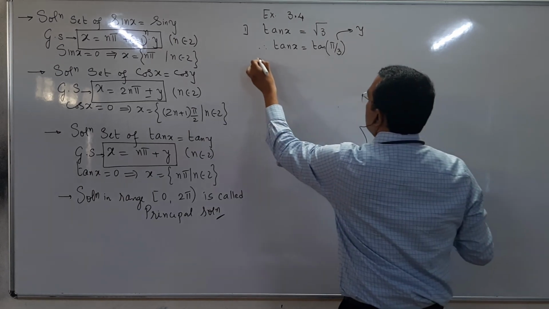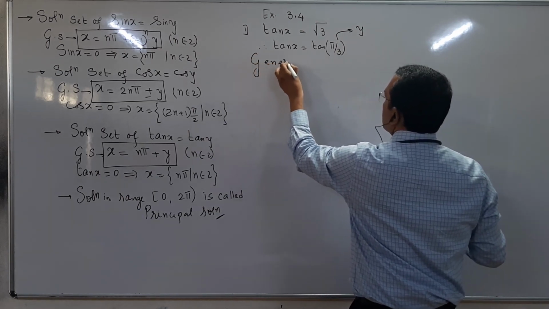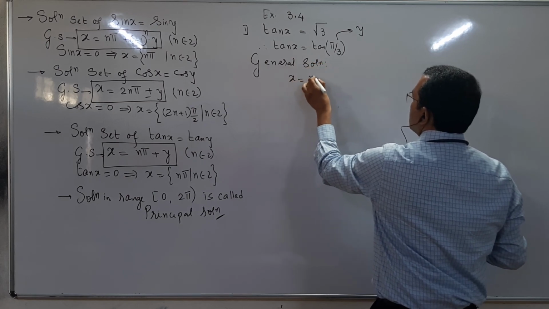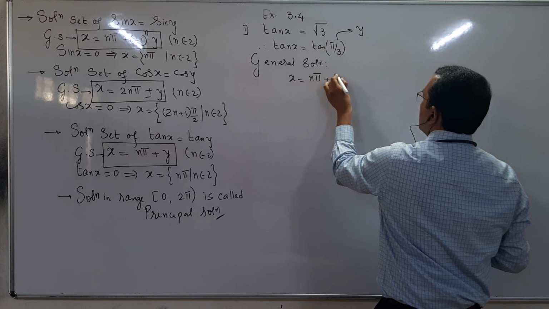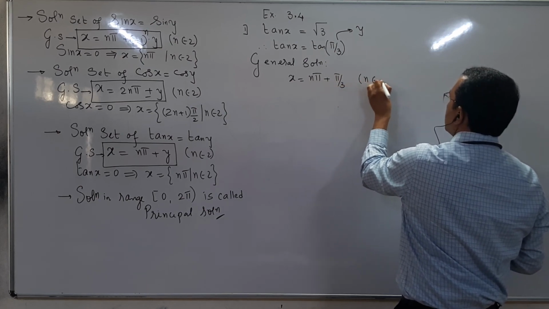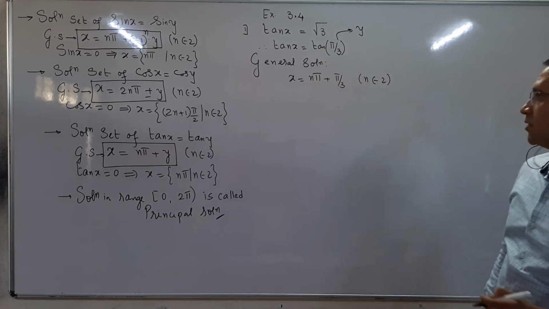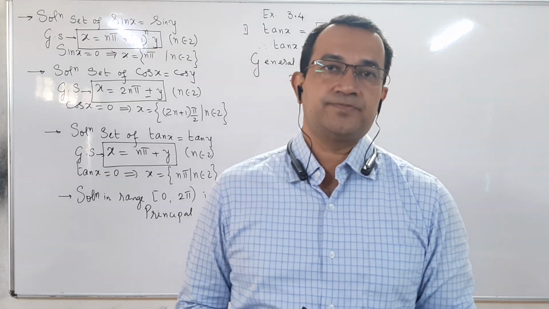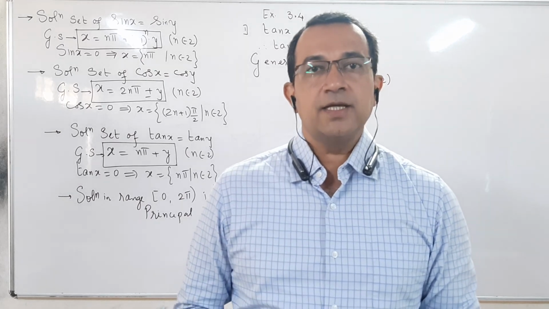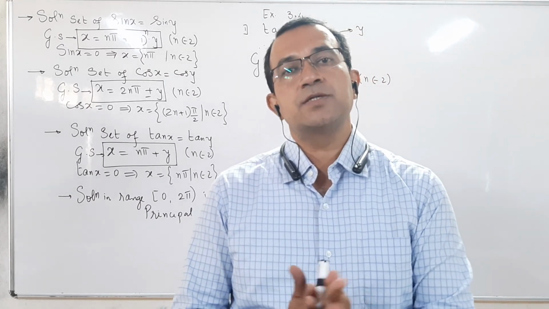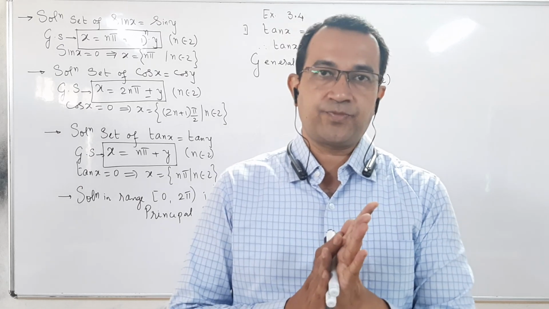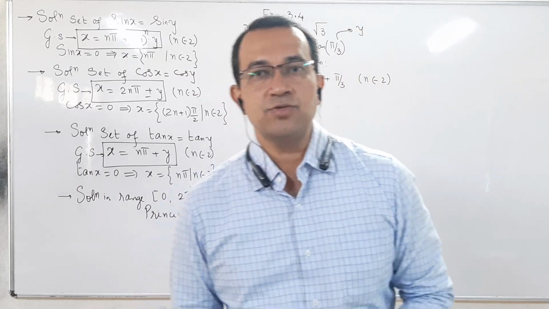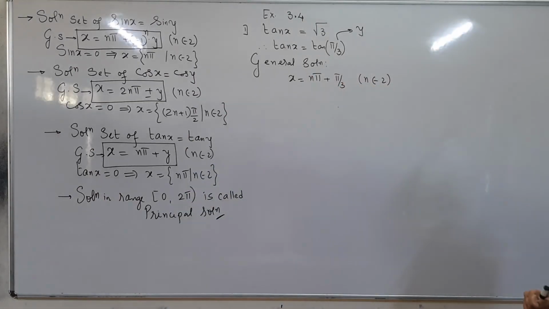So the general solution of this equation will be x is equal to n pi plus pi by 3, where n belongs to Z. I hope now all of you would have easily understood this. So this is the general solution.